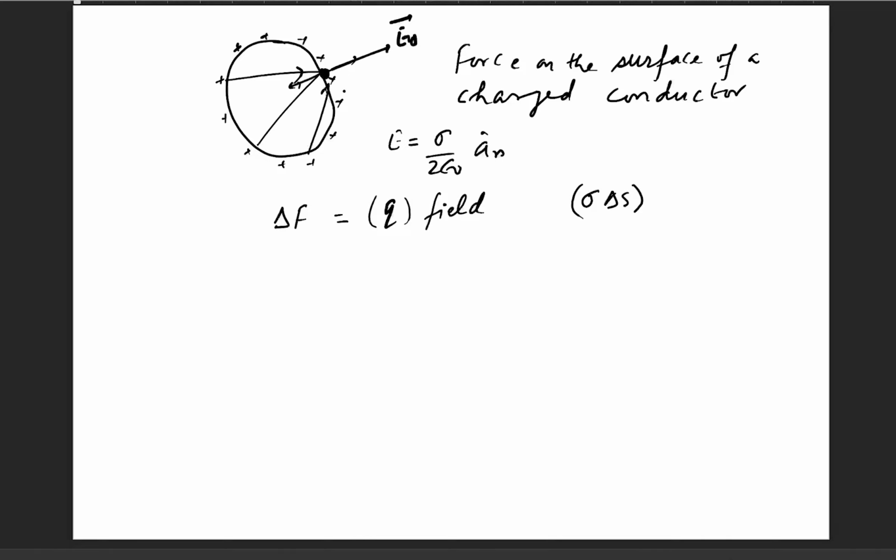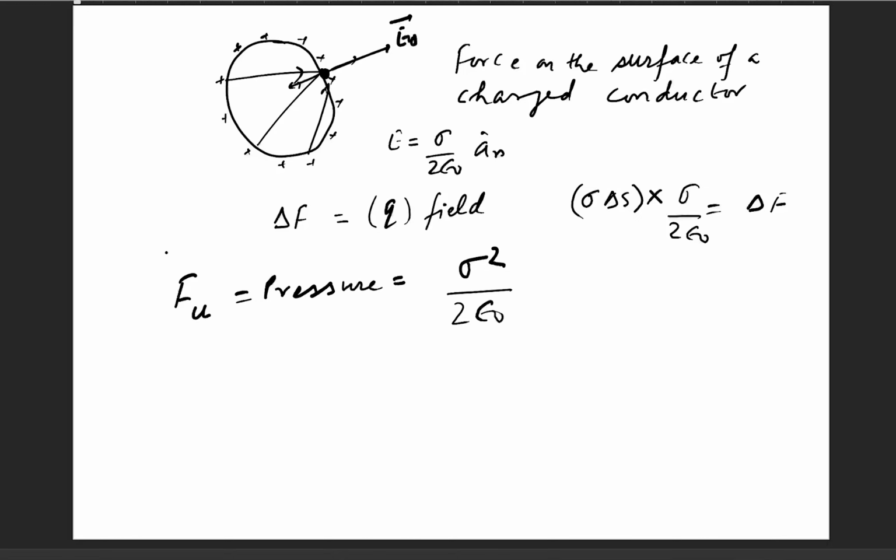So the faraway charges are going to create a field of sigma by 2 epsilon naught. So this is the force which will be felt by the charges contained in this surface area. So force per unit area, that is pressure on the surface, is simply sigma square by 2 epsilon naught.